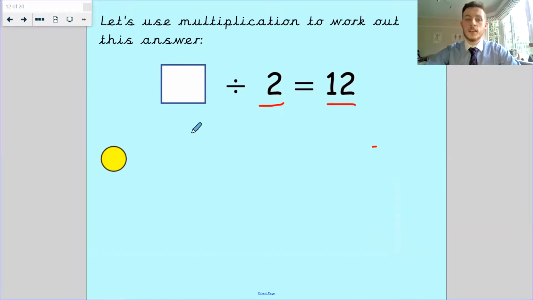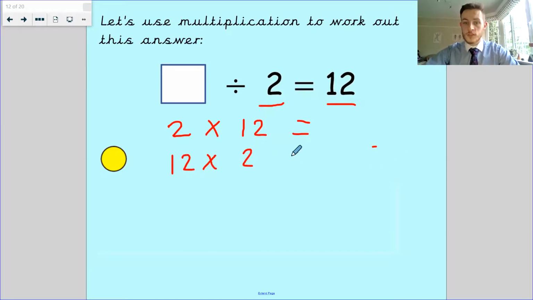So it's like saying I've got 2 lots of 12 equals. Now, if I know my 2 times table, I can swap those 2 round and go, it's the same as saying 12 lots of 2.